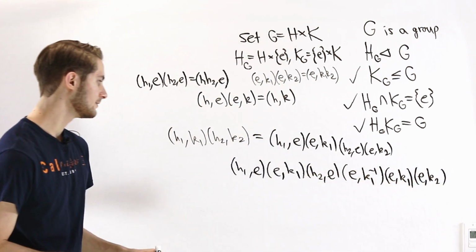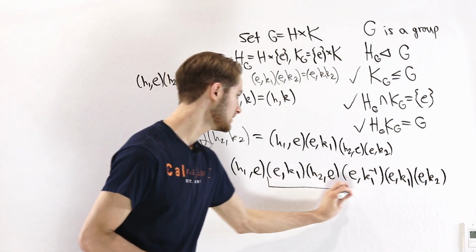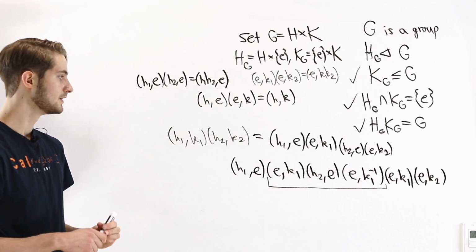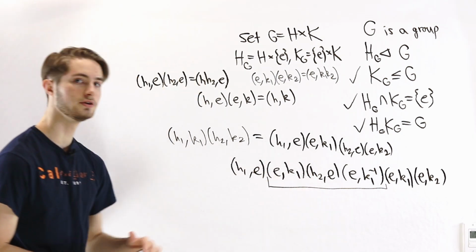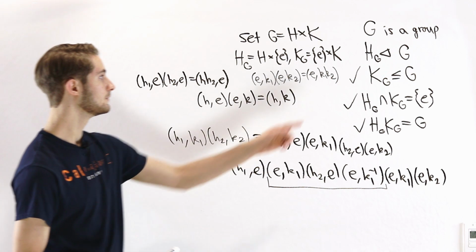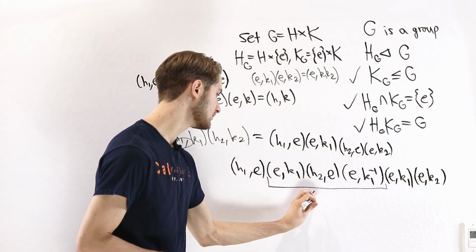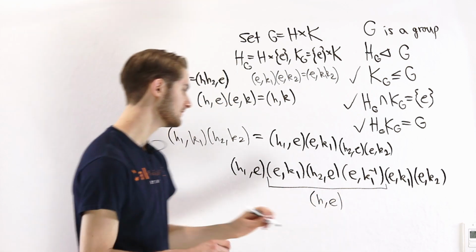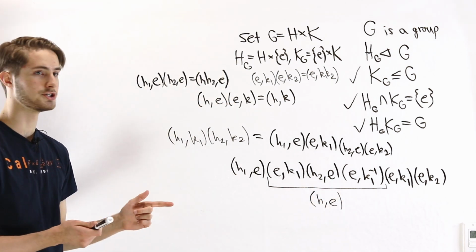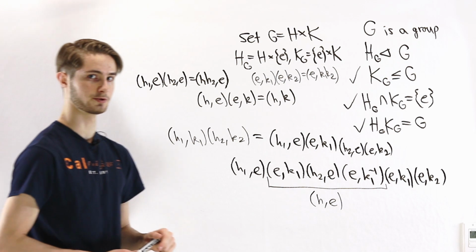Now when we do that, we get right here K1 H2 K1 inverse. This is conjugating H2 by an element of K. And we want H to be normal, which means this always needs to be of the form (H, E) for some other element in H so that it stays in the subgroup.